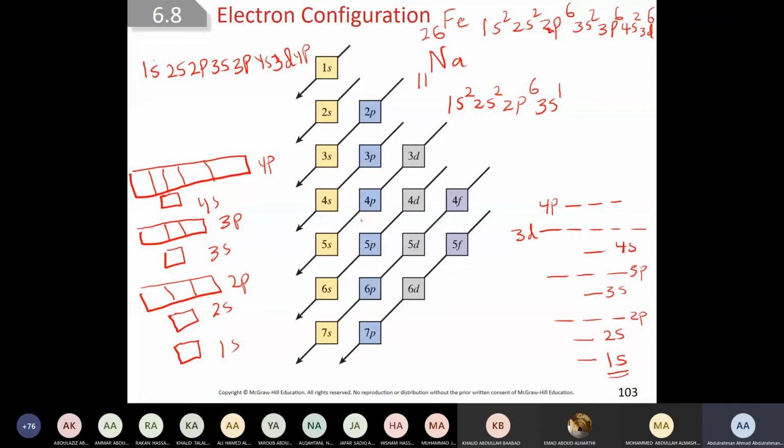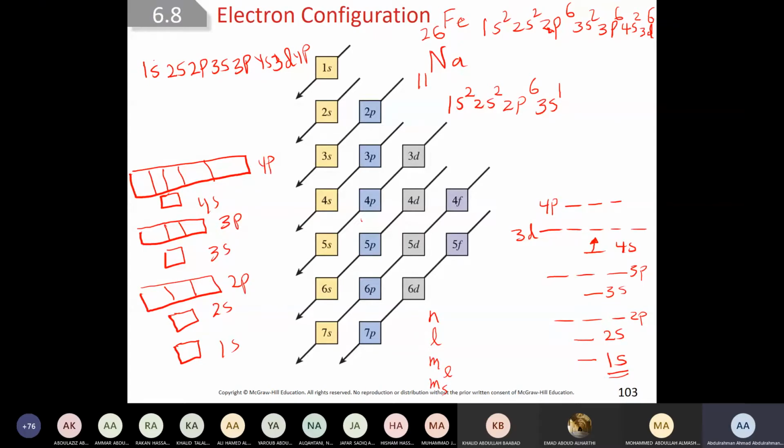Next, what I want you to know from this table also, how to find the quantum numbers, which are N, L, ML, and MS. If I put any electron anywhere, let me put an electron here.